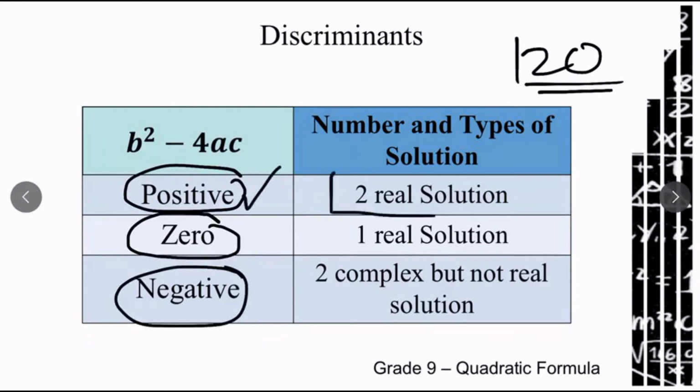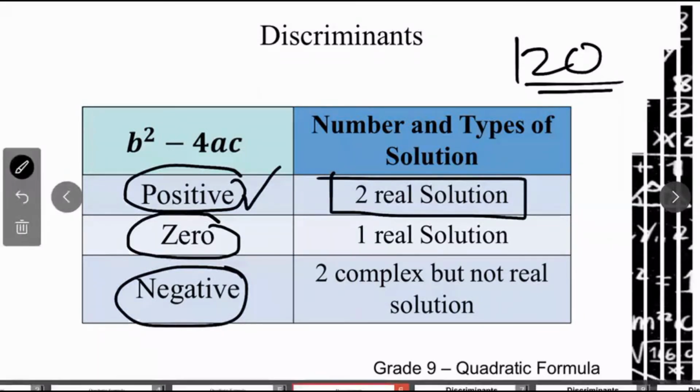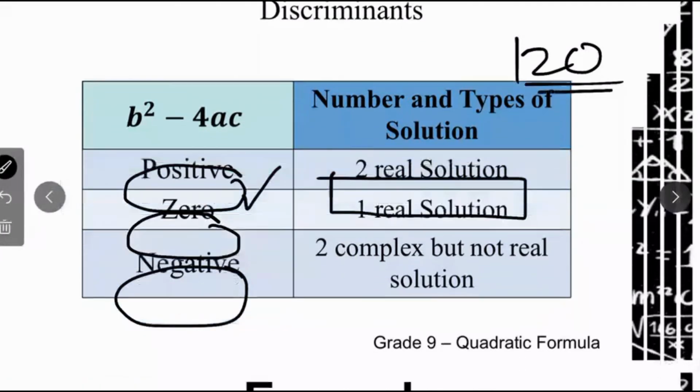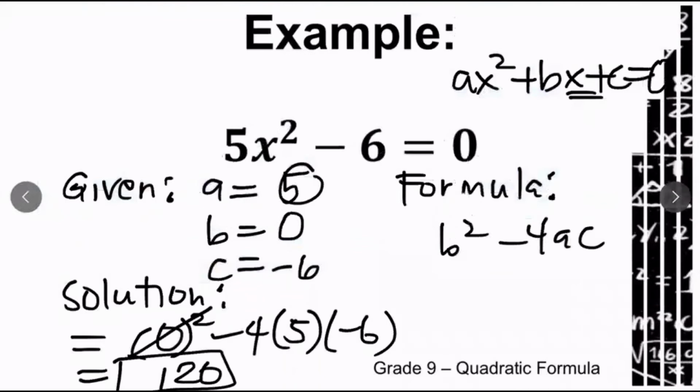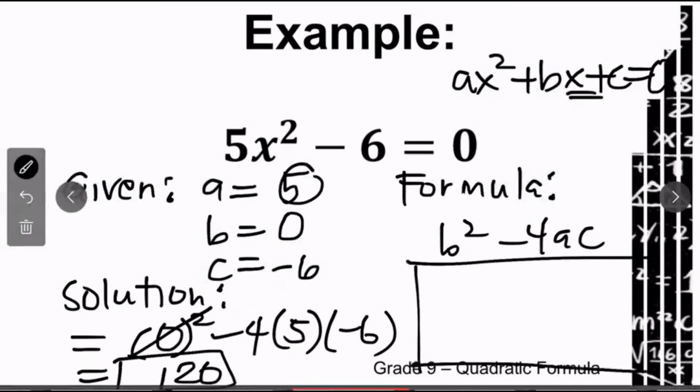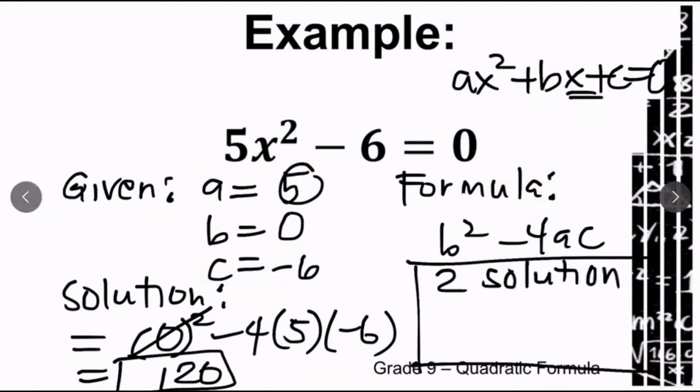Therefore, there are two real solutions in our given quadratic equation. Now, what will be our probable graph if our given is positive and we have two solutions?